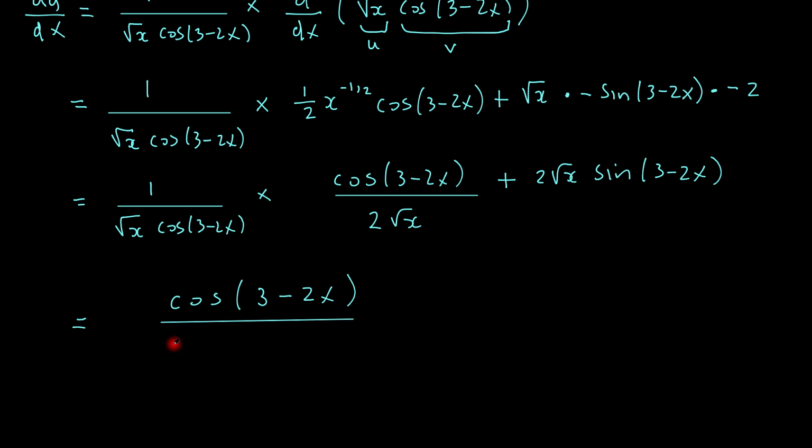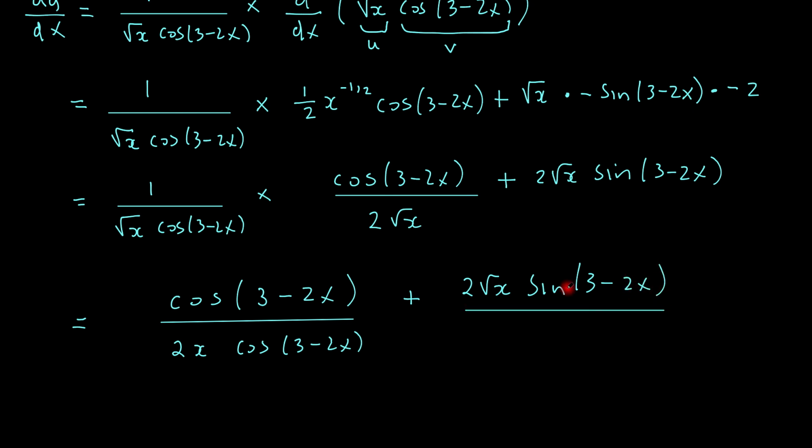So that'll give me 2x cos(3 minus 2x), plus 2 root x sine(3 minus 2x), over root x cos(3 minus 2x).